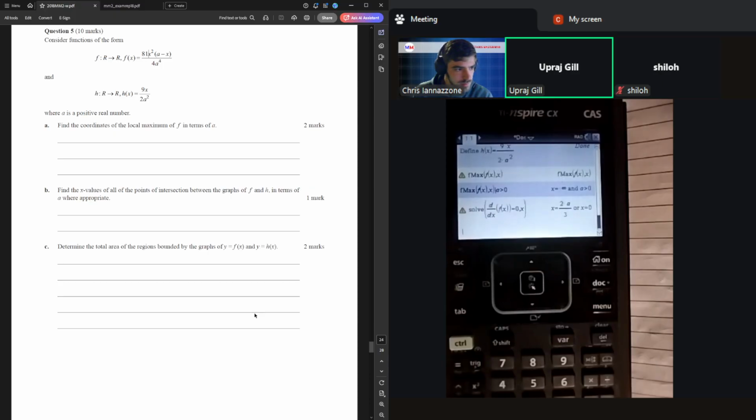If you keep a at 1, it's going to be at the origin, the turning point. Is it a min or a max though? It's a min, yeah, okay. So we're looking for the max. Even if you were to change what a was, I imagine it would stay as a min. You can only choose positive numbers, by the way. If you go for negative a, then you're going to flip it, and that'll make it a max probably. But anyway, we know that the 2a over 3 is going to be the max based off of that.